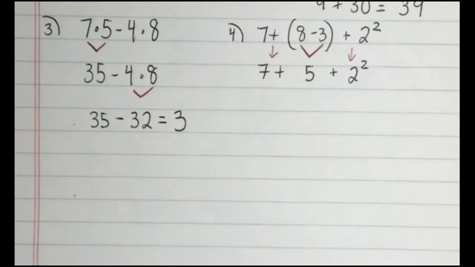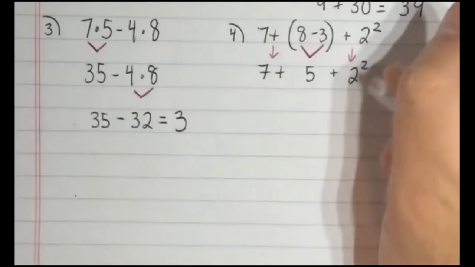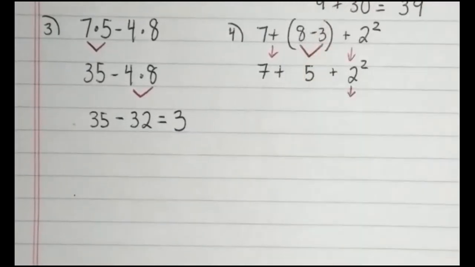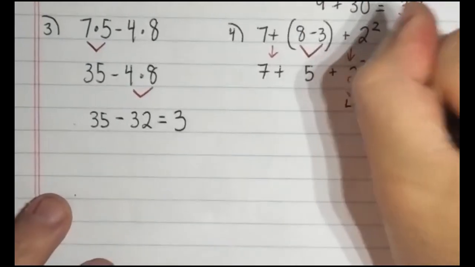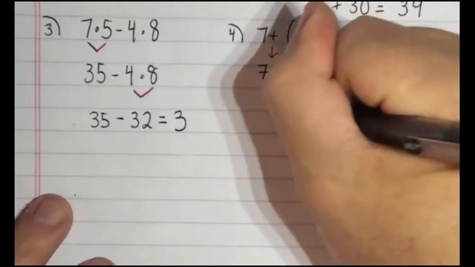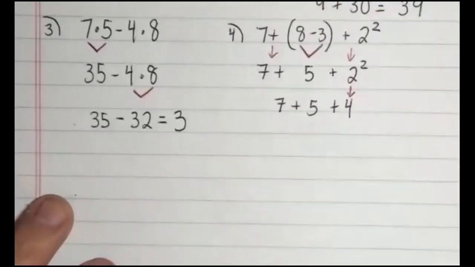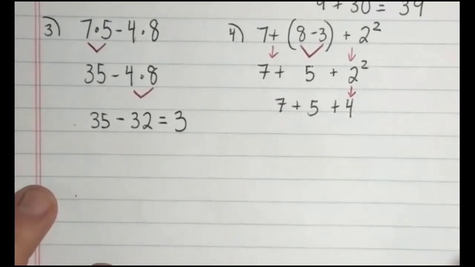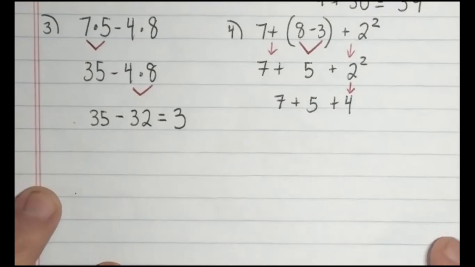So I don't have any more parentheses. What's the next thing I'm looking at? I'm looking for exponents. And I do have an exponent right here. What is 2 squared? That is 2 times 2, which gives me 4. So at that point, I move everything down. And you may be tempted just to add all these up, and you probably could, but again, I'm going to do this following our order of operations.